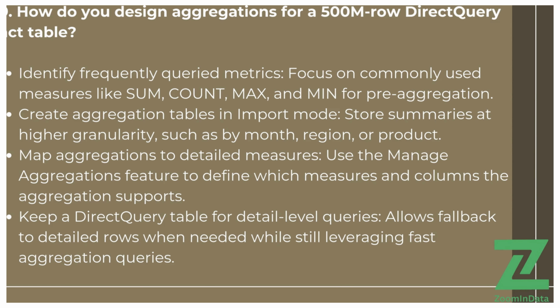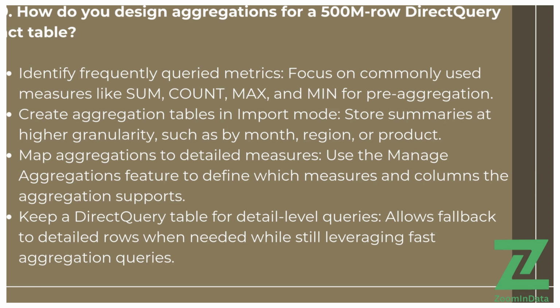19th question. How do you design aggregations for a 500M row direct query fact table? Identify frequently queried metrics. Focus on commonly used measures like sum, count, max, and min for pre-aggregation. Create aggregation tables in import mode. Store summaries at higher granularity, such as by month, region, or product.